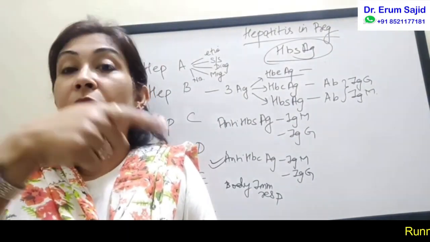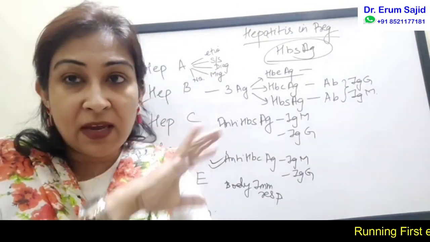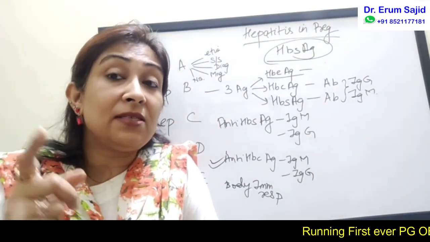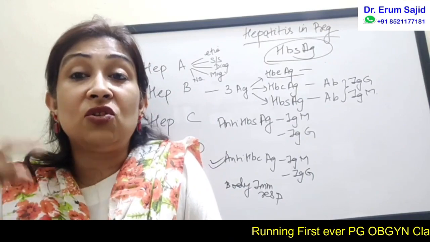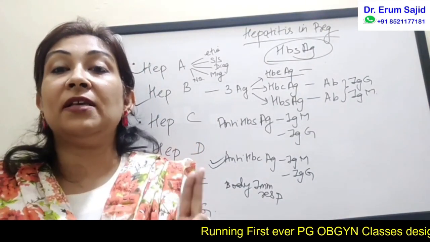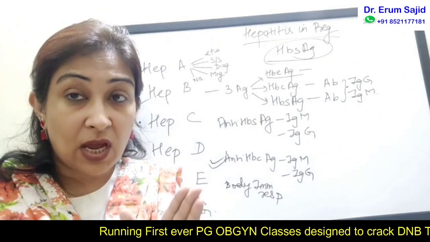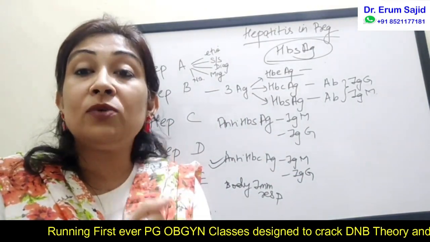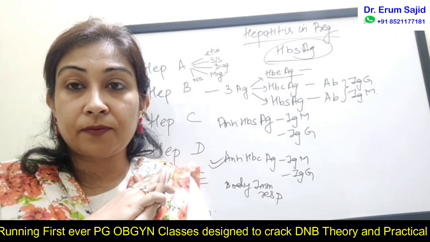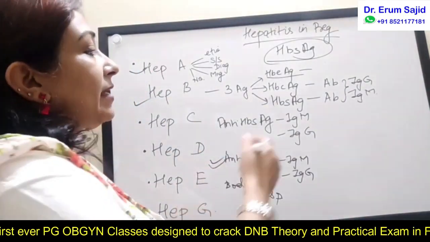Now I'll produce IgM antibodies and maybe even IgG antibodies. But that means that anti-HBs IgG antibodies are non-specific, because anti-HBs IgG antibodies are those antibodies which are produced after vaccination also.